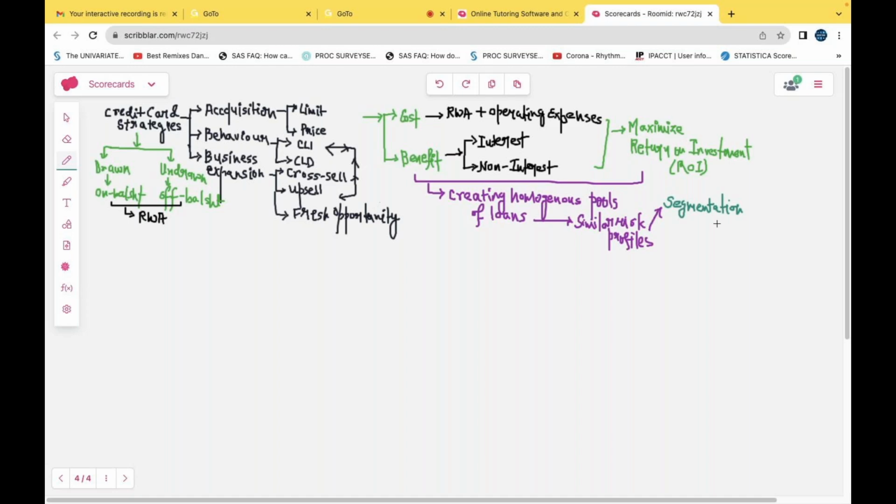Similarly, when you are trying to do a credit limit increase or decrease strategy, you are trying to assess, okay, who are the borrowers to whom I would first give a credit limit increase? Once I've identified these customers on my books, I cannot give the same amount of credit limit increase to all of them, right?